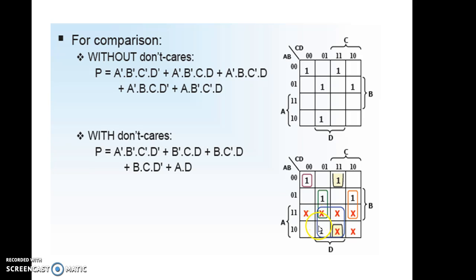Here only one term was there, so we consider don't care to make maximum groups. So here a quad is possible by using the don't care. In the same way, we can use these pairs.